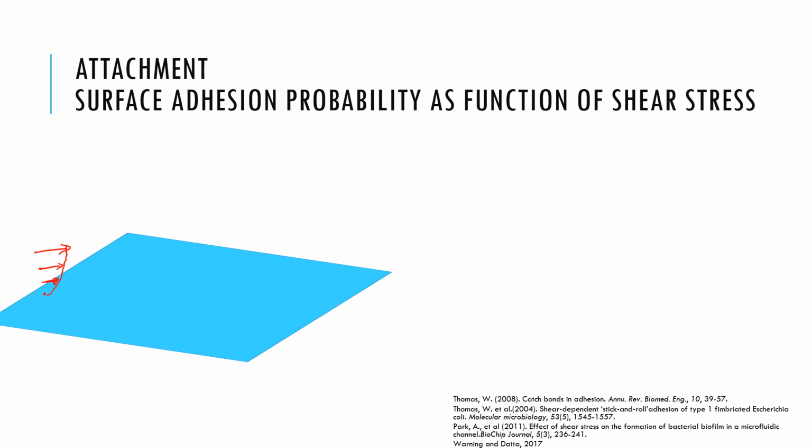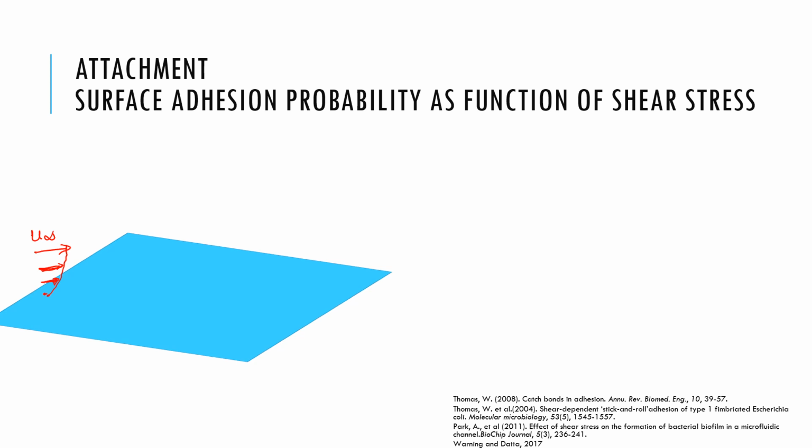This is like the free stream velocity. And this velocity gradient is what is called the shear rate, and the fluid will experience a shear stress one layer over the other. The shear stress is proportional to the shear rate much of the time.